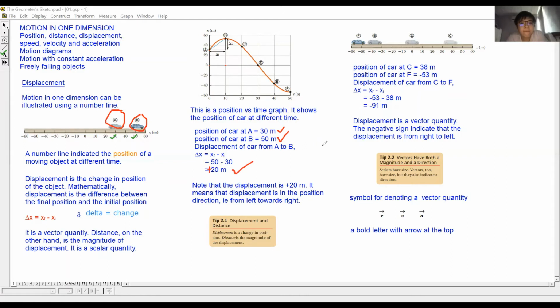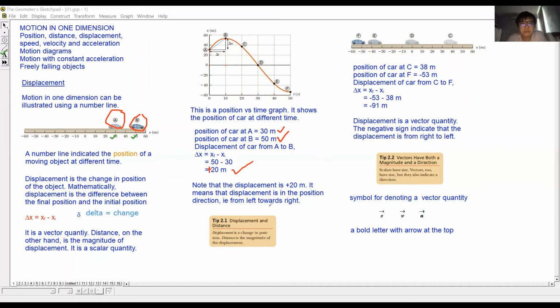Note that the displacement is positive 20 meters. So it means that it is 20 meters to the right of A. It means the direction is from left towards the right. The initial position is left, the final position is the right.